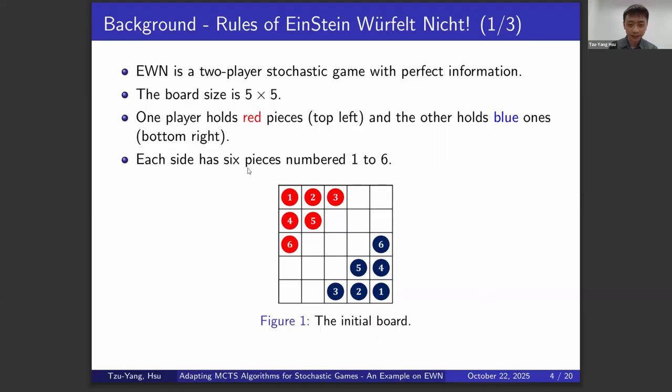Each side has 6 pieces numbered 1 to 6. For the initial board configuration, one player can arrange his or her 6 pieces, and the other player must place the pieces with the same number in the symmetrical positions.